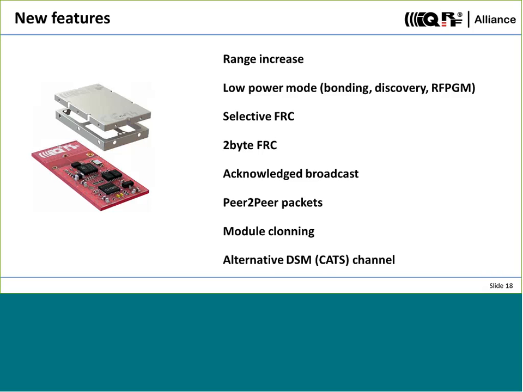So the last thing is what we call the alternative DSM, called CAT. Basically, CAT is a servicing tool which enables you to get connected from your device, your application, or from the IDE to any module which is even installed and part of the network.